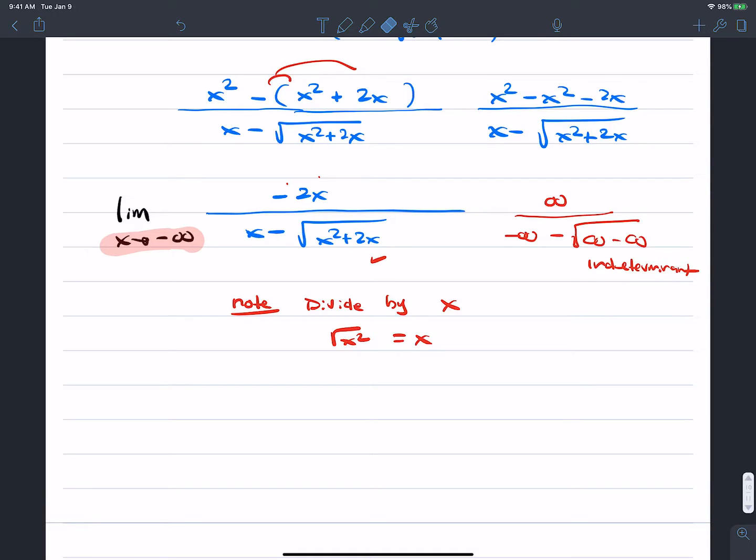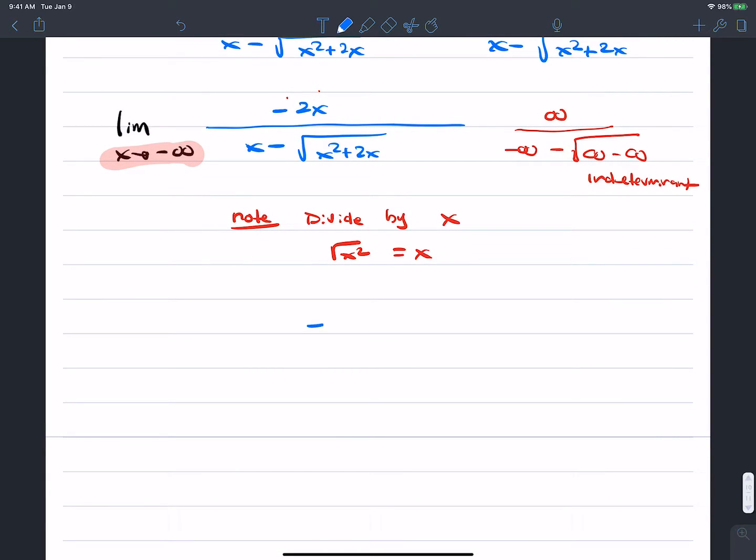And now this is actually just like what we did yesterday. Let me do this again here. Let me remind you guys. So let's be careful here. We got minus 2x over x minus the square root of x squared plus 2x. Okay, what are we going to divide by again?